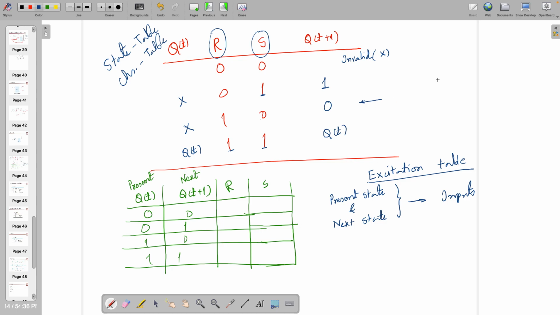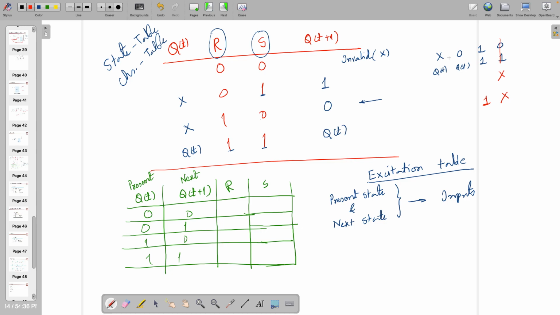So in this case, I am just taking those things aside. One is don't care 0 and another one is Q of T, the fourth row, where one is 1 0 for R and S and the other is 1 1. So whichever is actually changing, you can call that one don't care, or you can say that if the inputs are 1 and don't care, then you will get the output 0 0, present state 0 and the next state also 0.